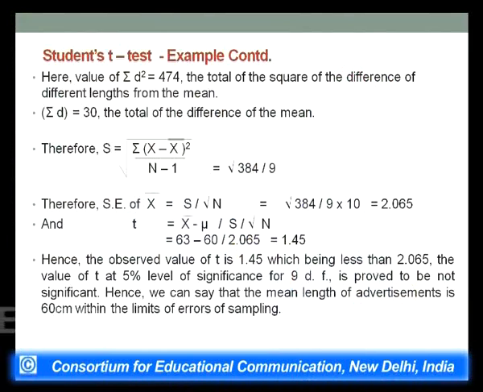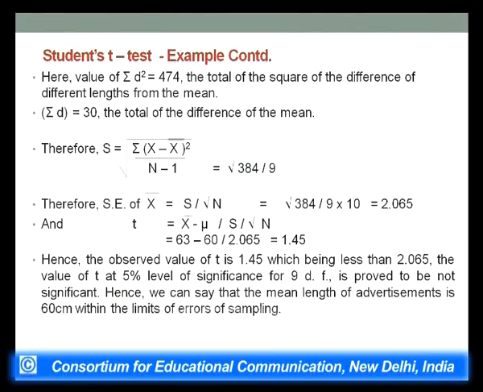What does it mean? That you have assumed 60 centimeters. You can now assume 60 centimeters because the difference is not much. It is around 60 centimeters. So you can say the advertisement length in newspapers is mostly 60 centimeters, and then you are not quoting a wrong result.